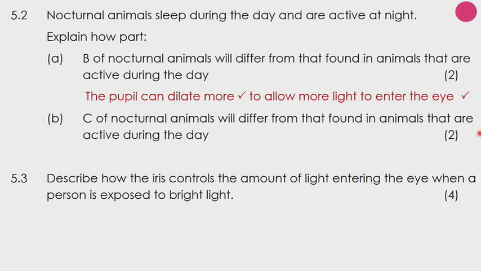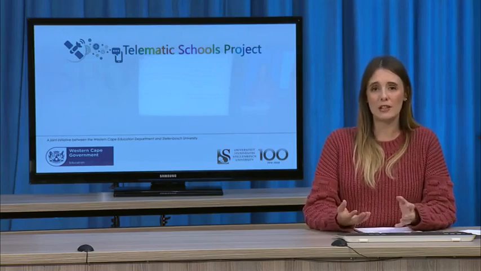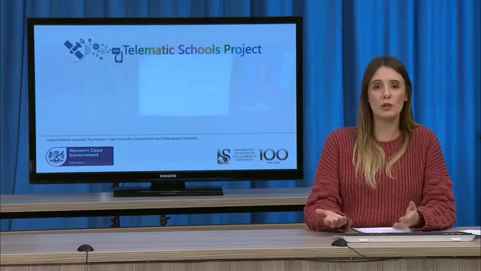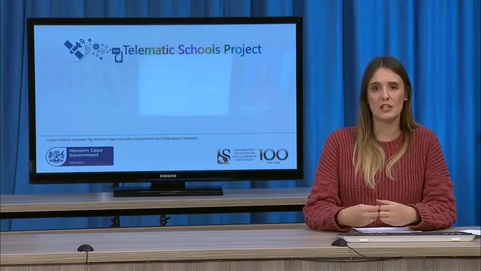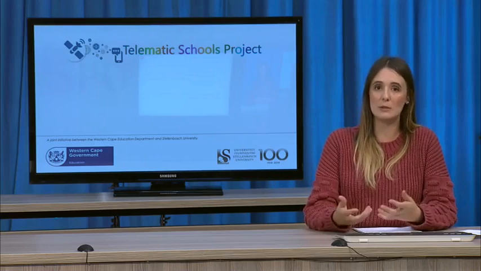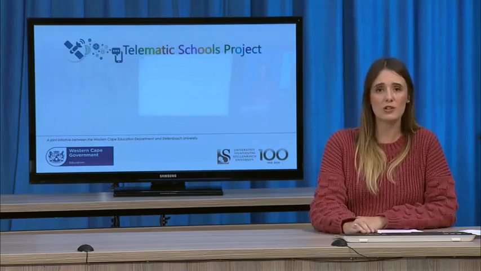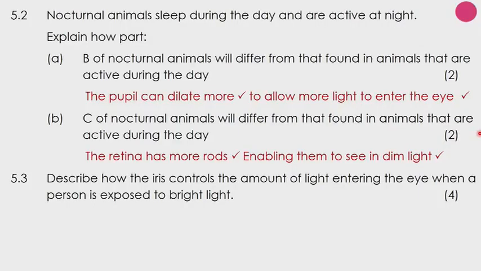So you can imagine that in a nocturnal animal, color vision is not that important for them because they're going to be moving around in situations where there's not a lot of light. So in their retina, it would be an amazing adaptation for them to have much more of the rod photoreceptor so that they can actually see better in darker, dim light conditions. And that's where you also get your mark for this question. So you see that for C, the answer is that the retina has to have more rods, which are active in dim light conditions, so that they can see in those conditions.